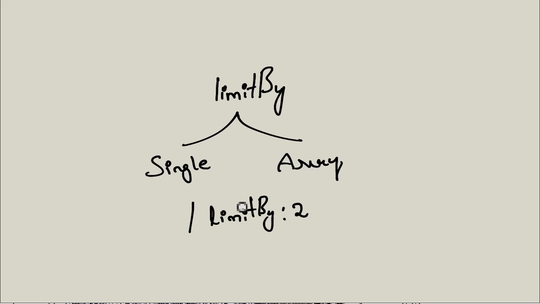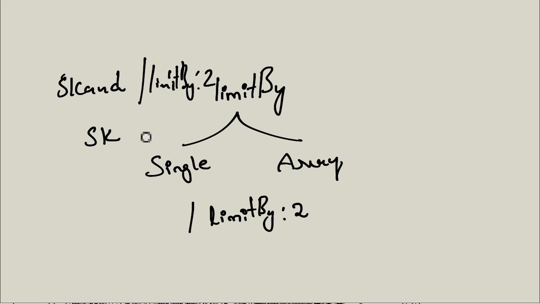When we apply this limit by to a single string, it will limit that string to 2 characters. So if I have a string 'skanda' and I apply limit by of 2, my output will be 'sk'. It will limit this with only 2 characters.